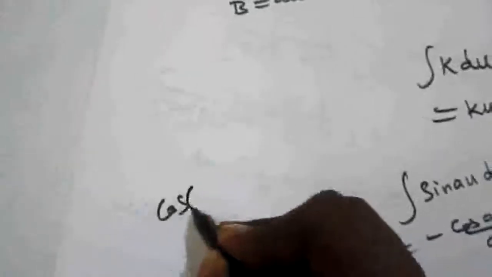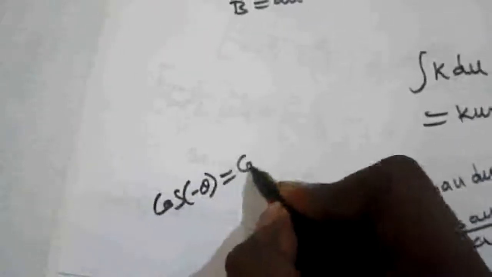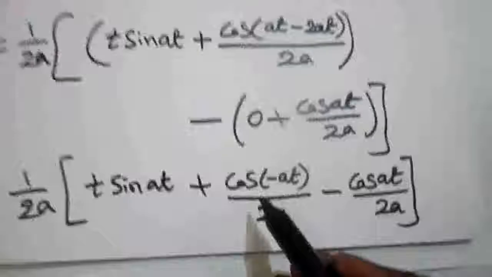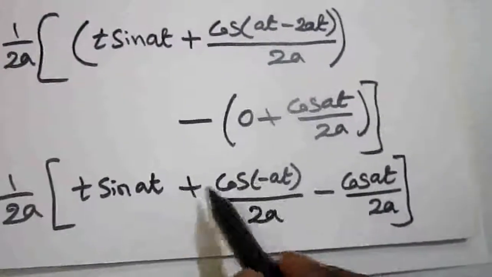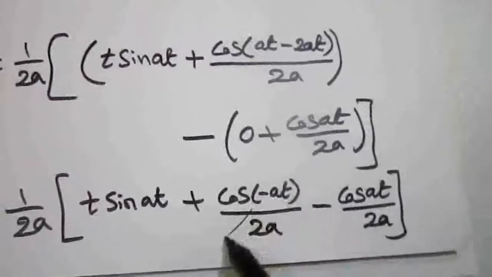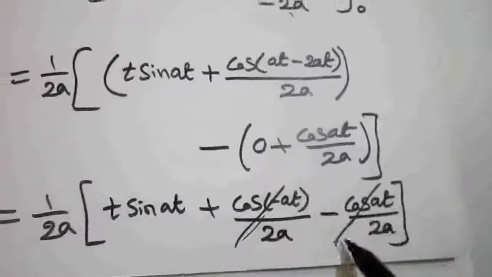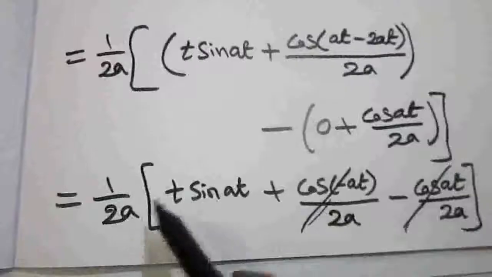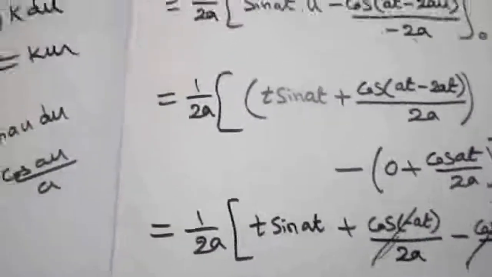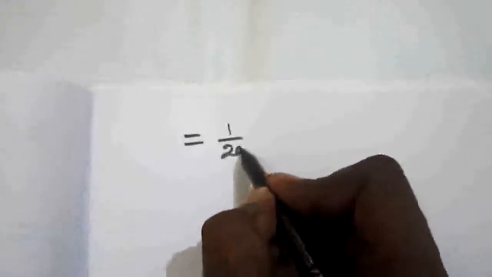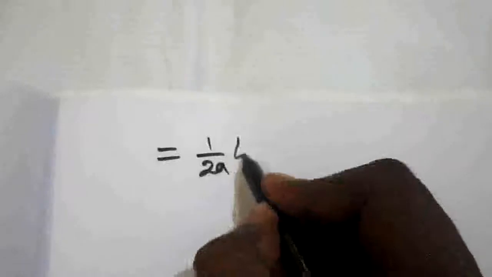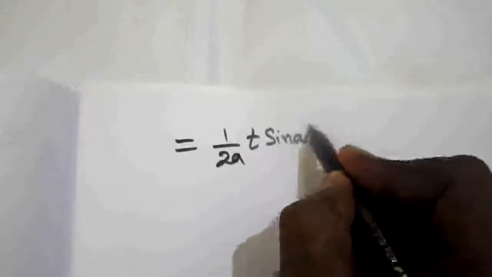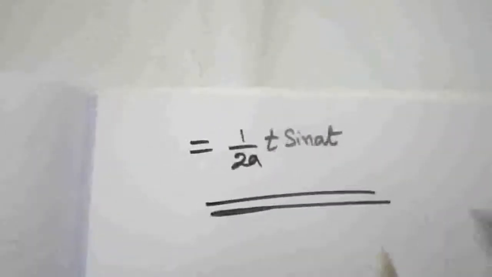Cos of minus theta is only cos theta, so cos of minus at is only cos at. So this cos at is positive and this cos at is negative, so they cancel. So the answer is 1 by 2 t sin at. Finally, the answer of the problem is 1 by 2a into t sin at. So this is the answer of the given problem.